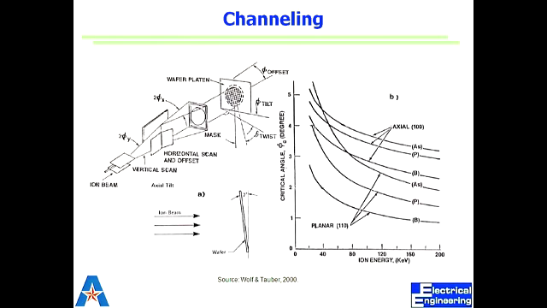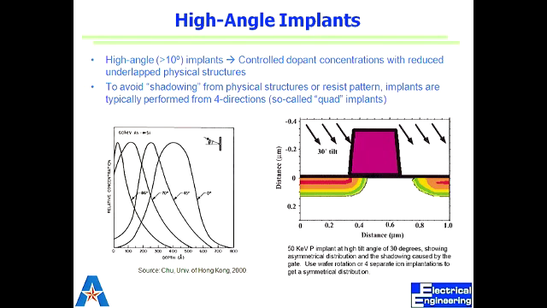So we don't need this. So what happens if we use a high angle? We can control the dopants with much less underlapping of the structure. This can be a structure made in hard material oxide or photoresist. So we can control exactly where the doping stays, how far it gets below something.